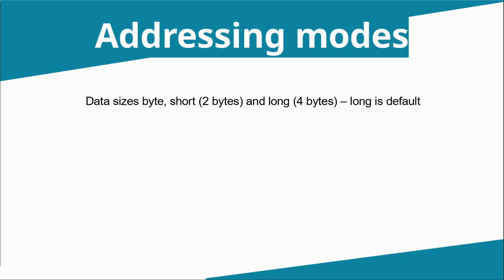We're using the name short here rather than word. And the way to address different data sizes is part of the instruction syntax, but long is always the default. So if there's no data size given, the instruction is doing a long access.